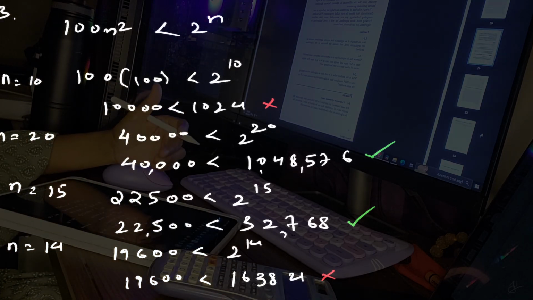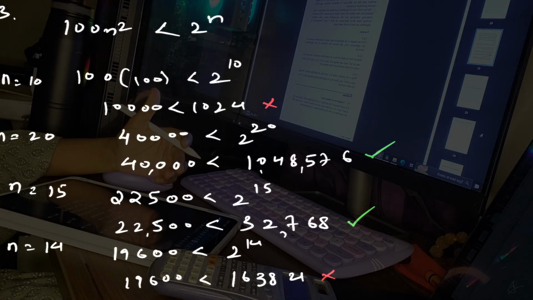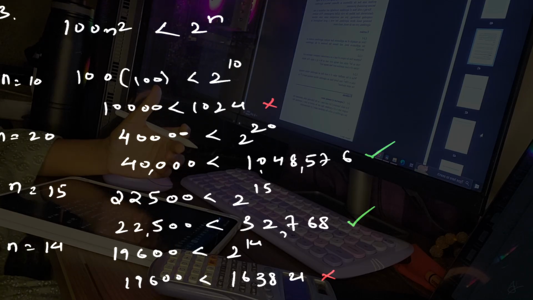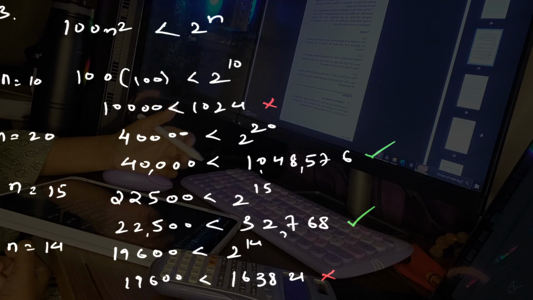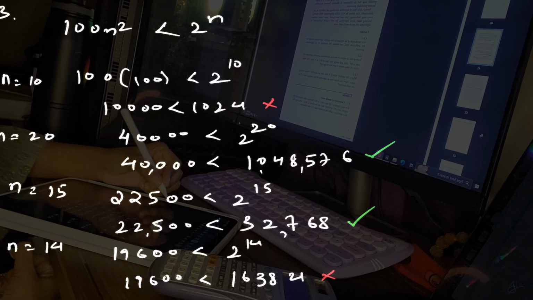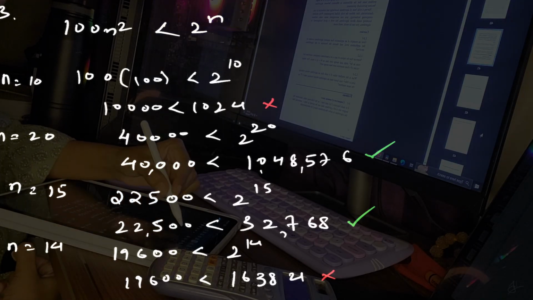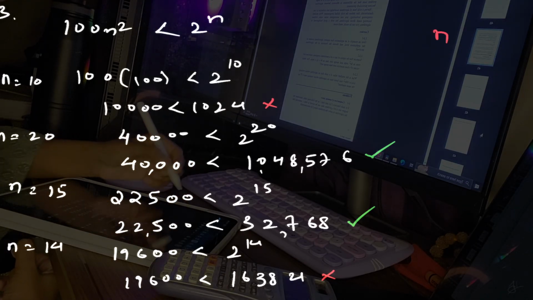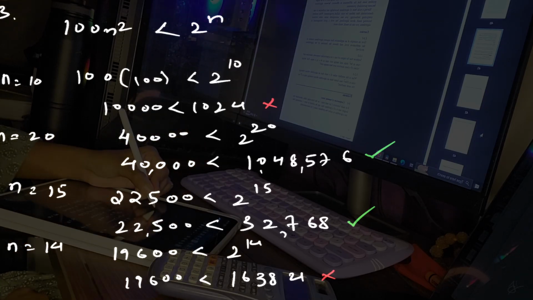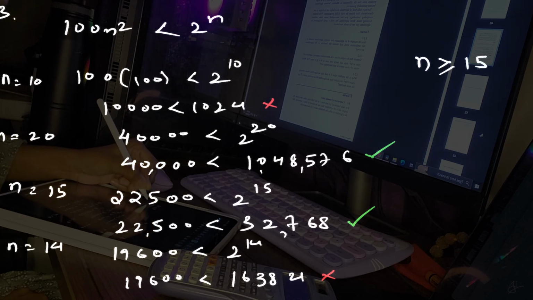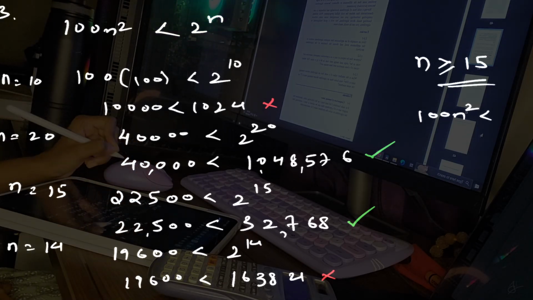Okay, so the first value of n for which 100 n square is faster is 15. So for all values of n greater than or equal to 15, we will have 100 n square running faster than 2 to the power n.